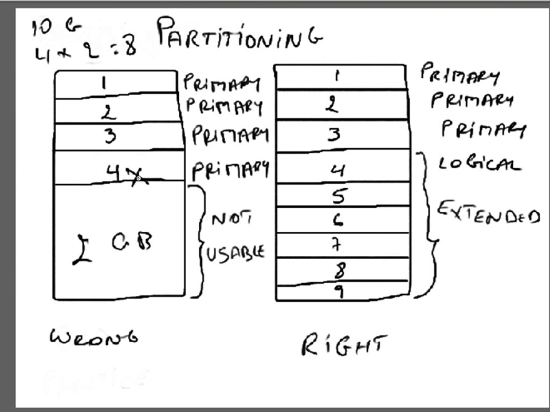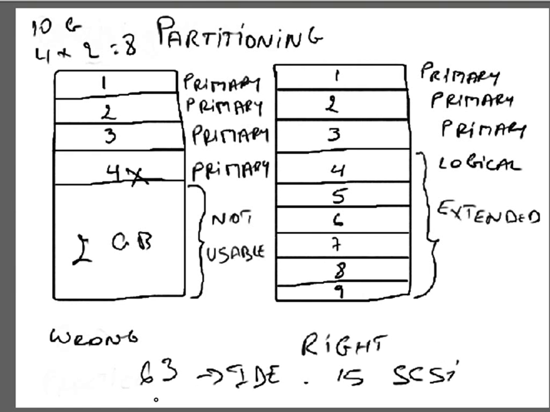So the right way of doing it, and the optimal and recommended way, is to have 3 primary partitions and then to have 1 extended partition. Now in an extended partition, you can have multiple logical drives. So I'm going to ask you, how many logical drives can you have in an extended partition? Anyone? You can have 63 logical drives on an IDE, and you can have 15 on a SCSI.